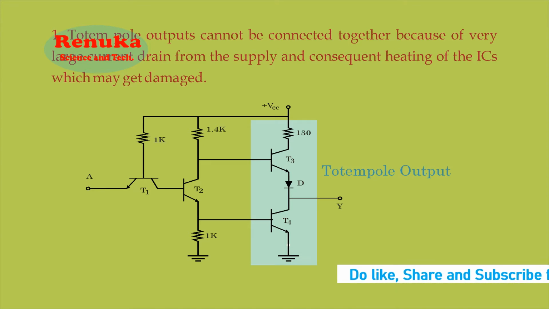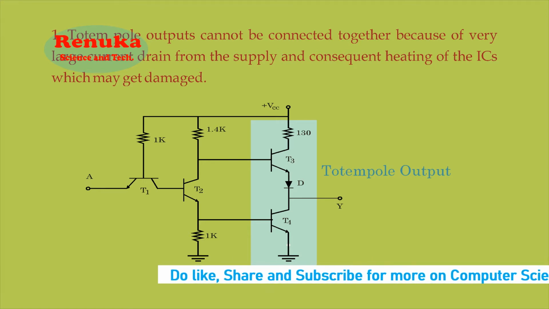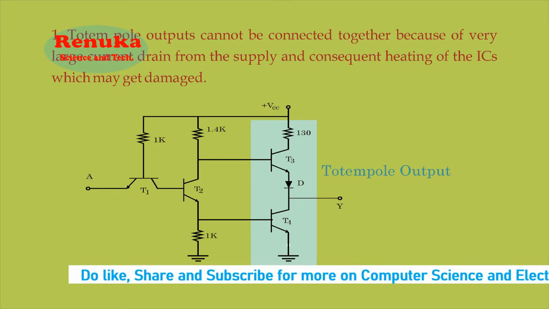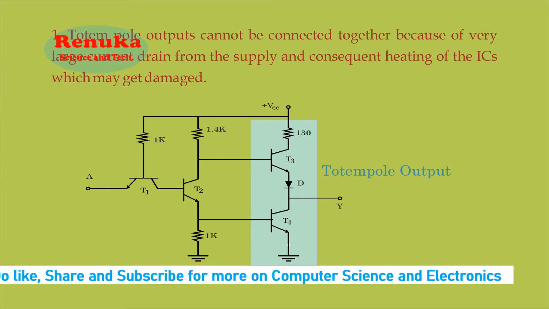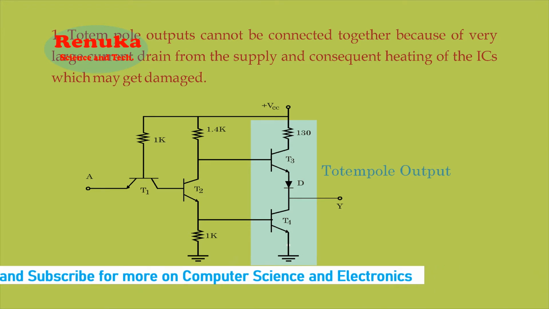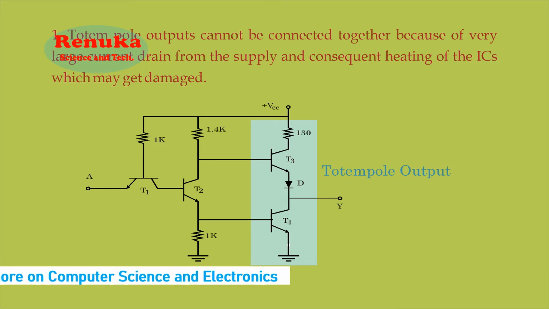The first drawback is that if totem pole outputs are connected together, all the gates are connected to a common power supply VCC. When these gates have a high output and the outputs are connected together at the bus, there will be a large current drain from the power supply, and there will be opposition by all the gates.